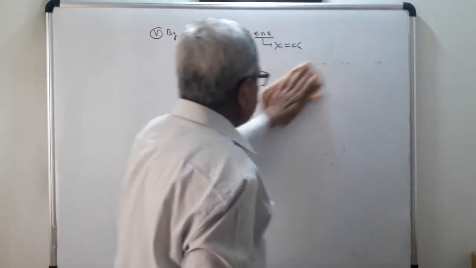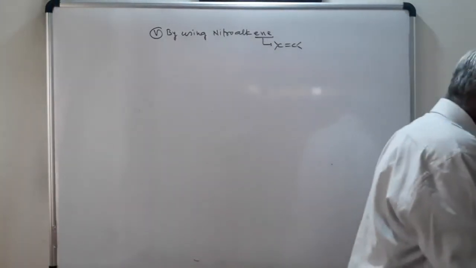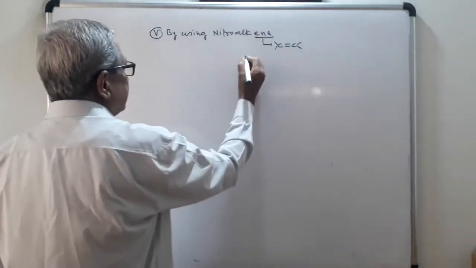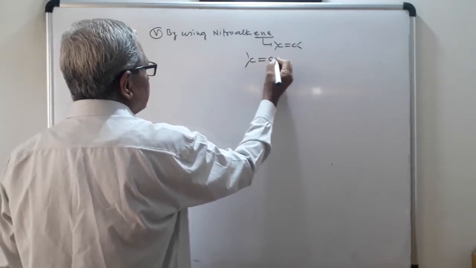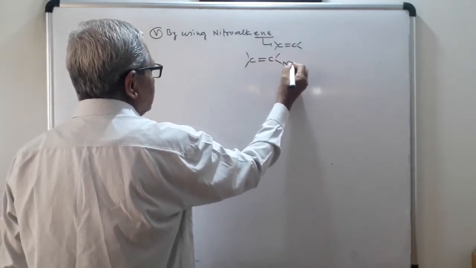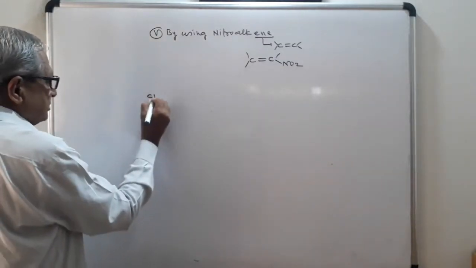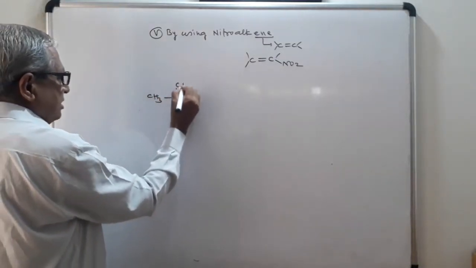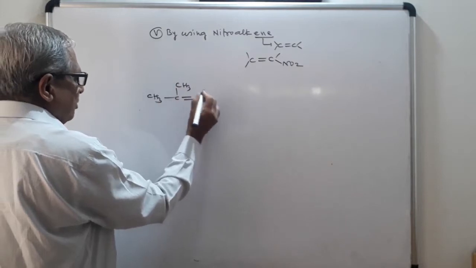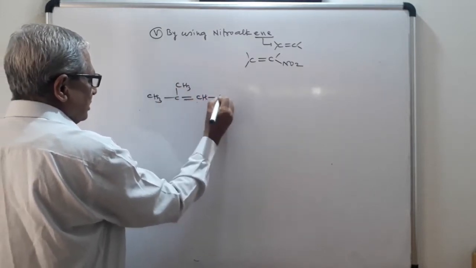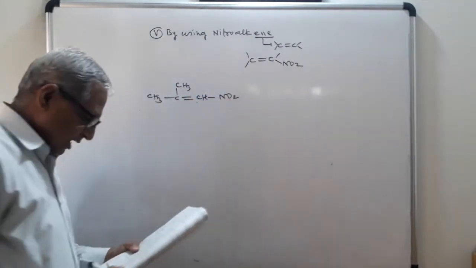So give the title by using nitroalkenes. In this case, the nitroalkenes are represented by C double bond C NO2. These are the nitroalkenes. I will explain with the example (CH3)2C=CHNO2. So this is a nitroalkene.